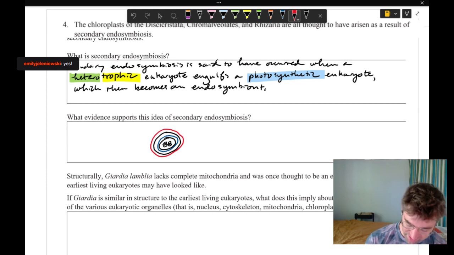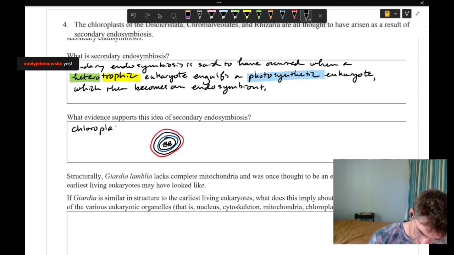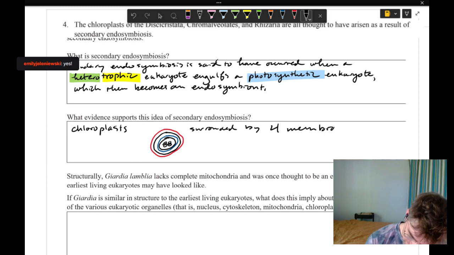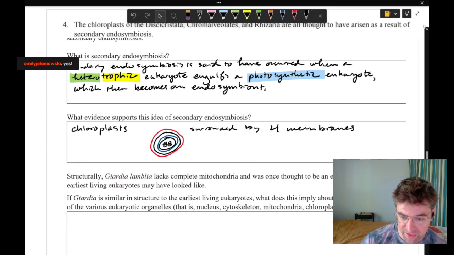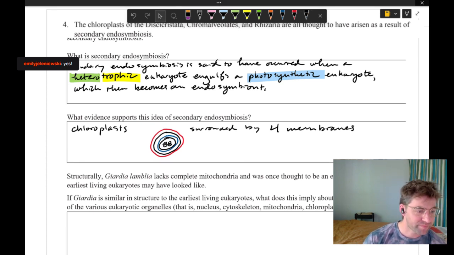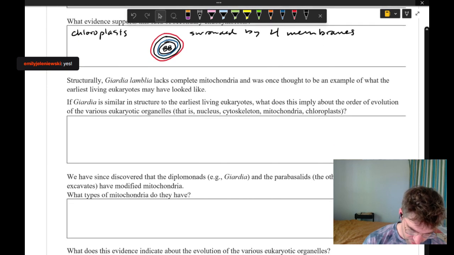So basically, the presence of chloroplasts surrounded by four, count them, four membranes, serves as evidence of secondary endosymbiosis. Carries out photosynthesis and its own plastids. Cool.